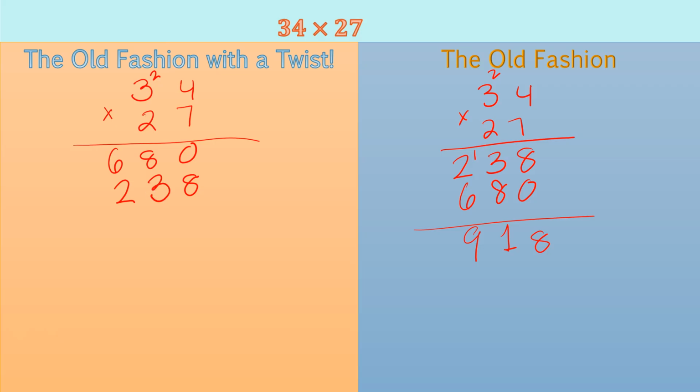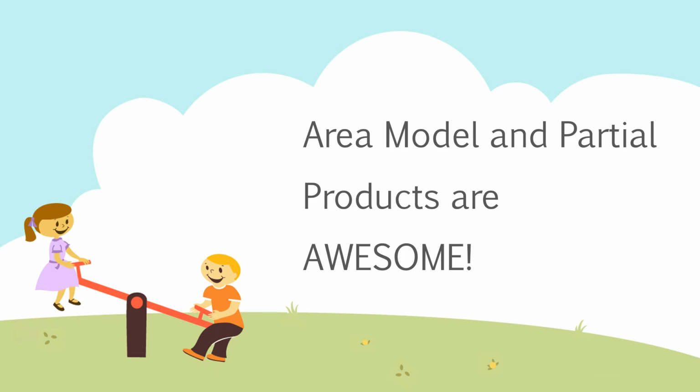I don't know. Why is that better? It's just really because I am thinking about this as place value. Okay? Or you can just go ahead and use partial products or the area model.